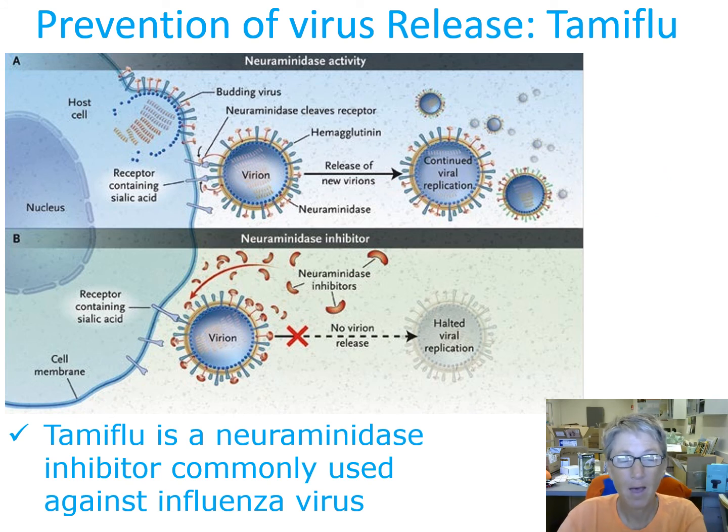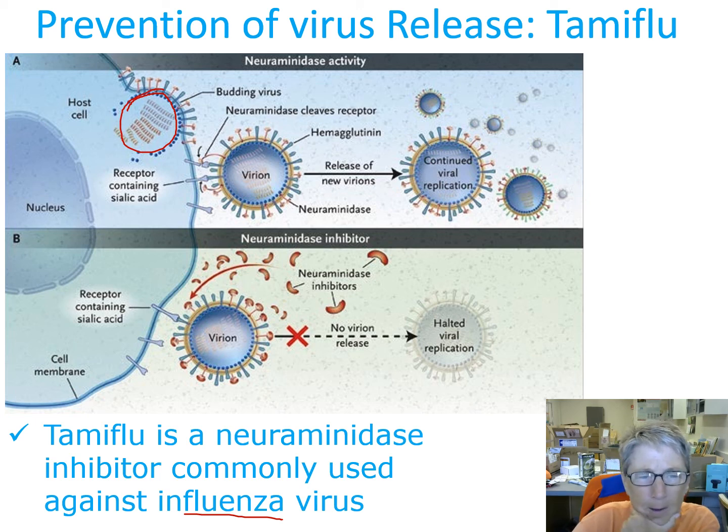Tamiflu, maybe you've heard of that, is a neuraminidase inhibitor commonly used against influenza virus. So here's the host cell. Here's the budding virus. It's coming off the host cell. And here is a virion outside the host cell, so it hasn't gained entry yet.